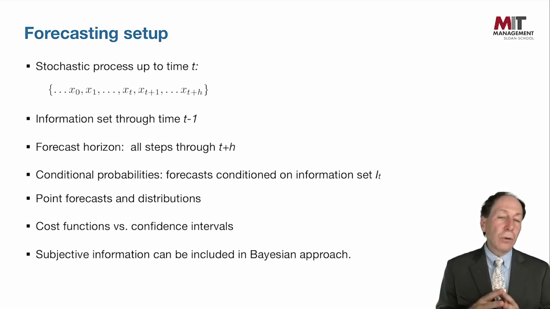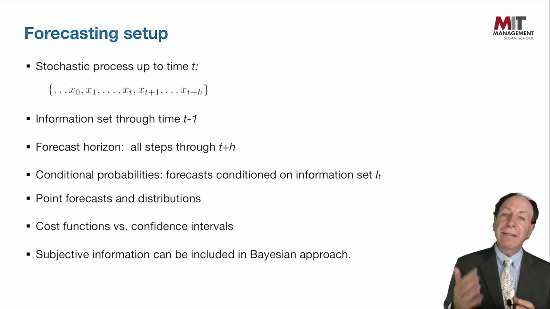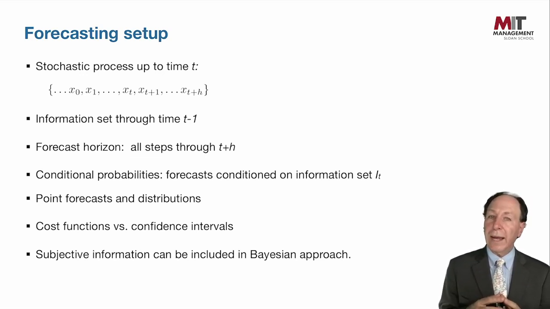We can sometimes include subjective information as well in a Bayesian approach, where we take information about what our prior beliefs are as a starting point, and then we iteratively update our forecasts as new information becomes available, and we do it in a way that's consistent with the laws of probability.